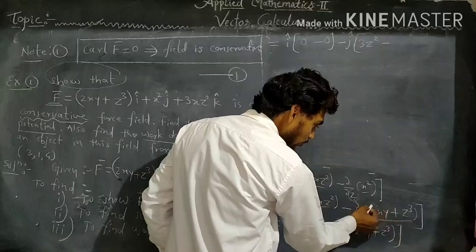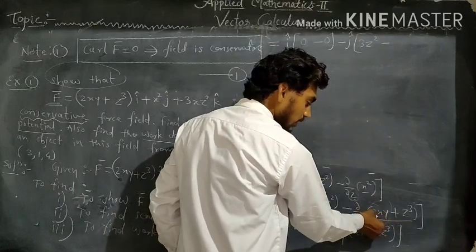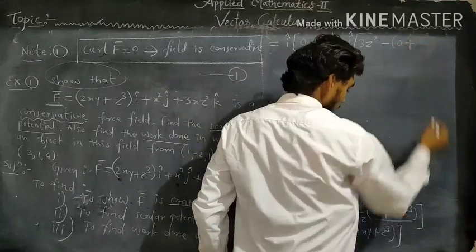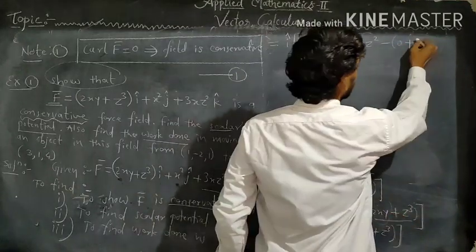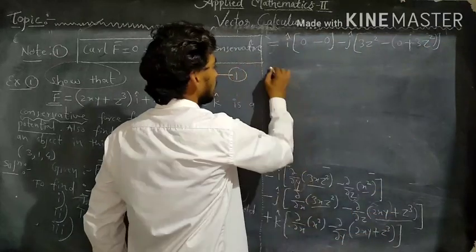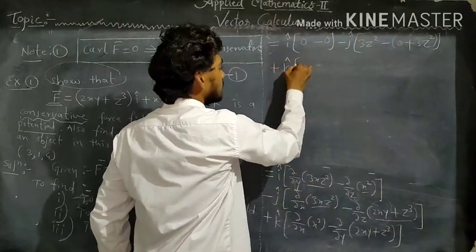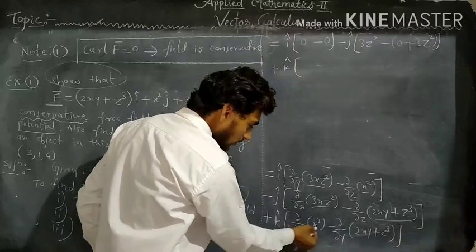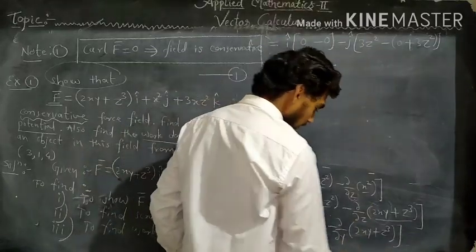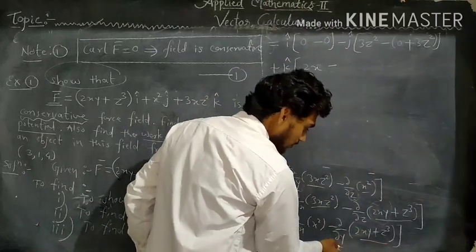With respect to z, the derivative of 2xy is 0, plus the derivative of z cube, that is 3z square, plus k times the derivative of x square, 2x, minus the derivative of this with respect to y.